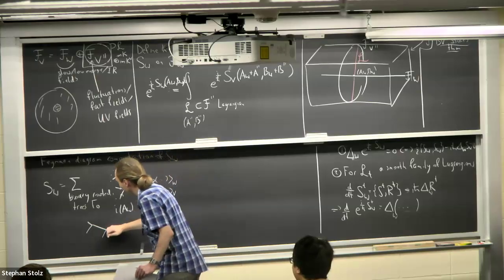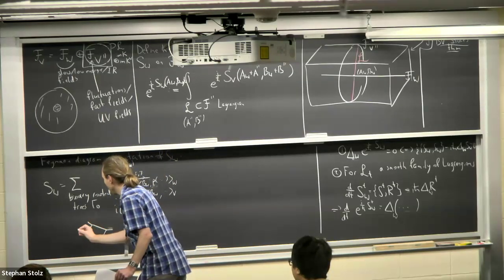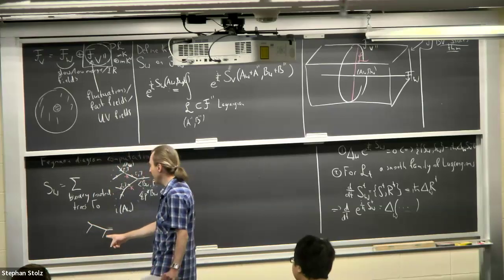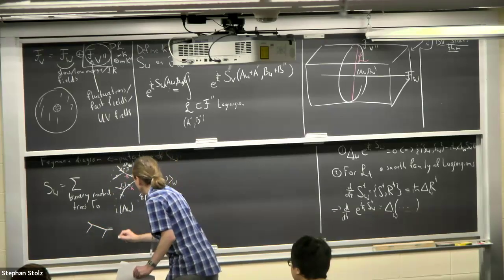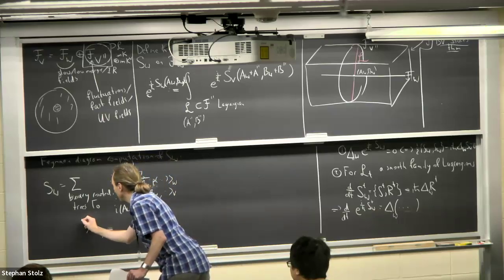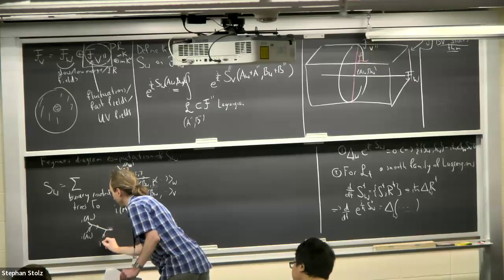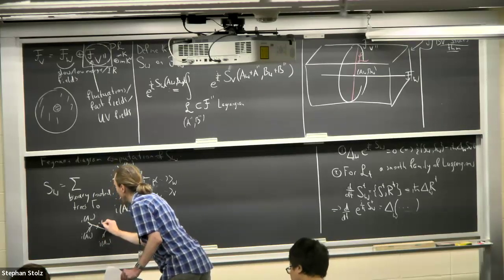Maybe for simplicity, let me just draw an example and explicitly write the corresponding expression. For this G, I should put I of AW at each incoming edge, and I should put minus K here.